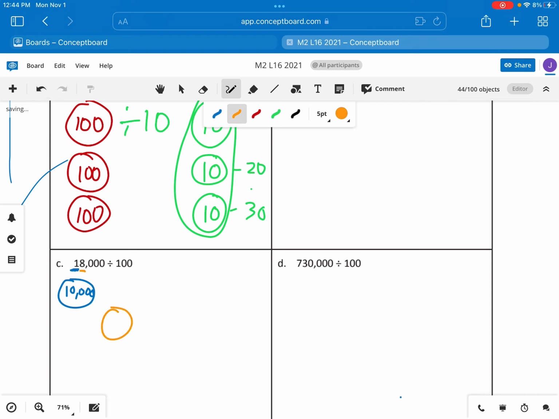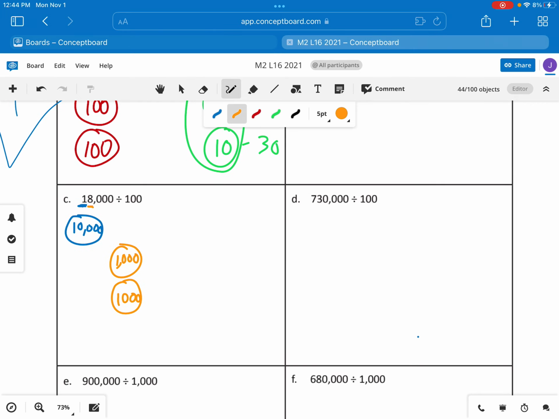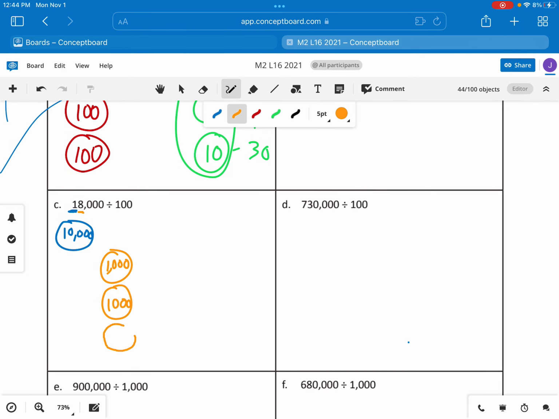So I'm going to draw 8 of these 1,000 disks, and if you don't put the comma in for now, that's fine. Makes it a little easier. See, I'm already running out of space. Oops, 1,000.